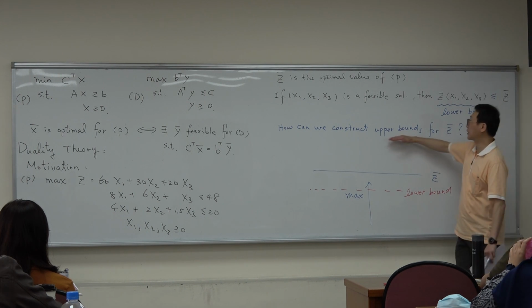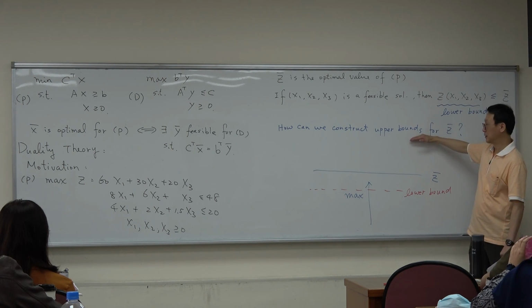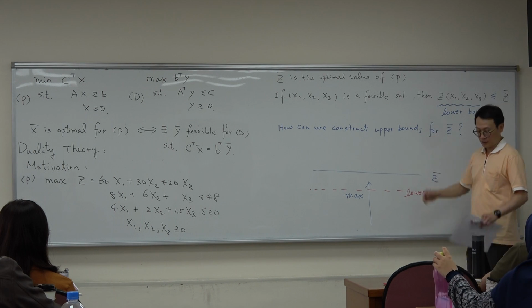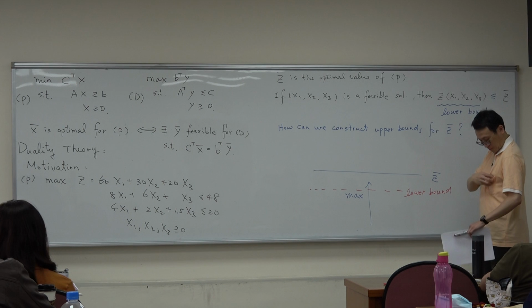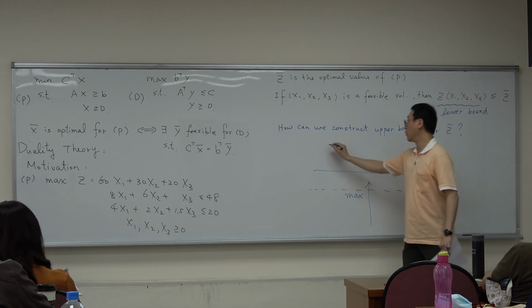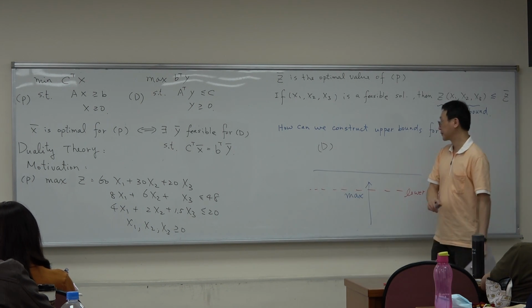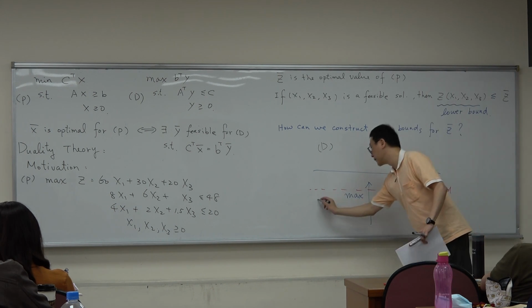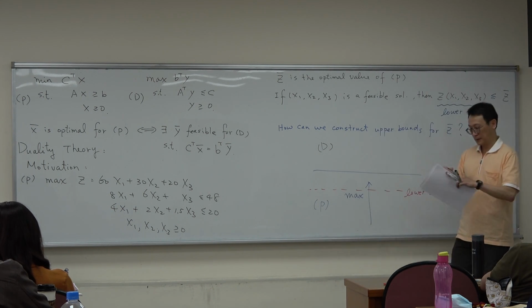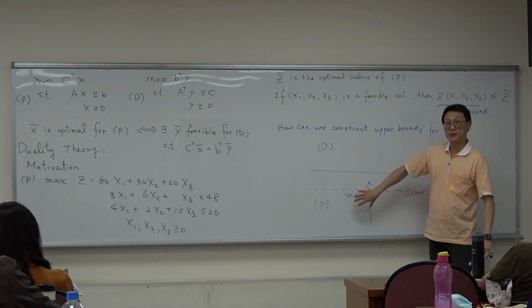Right now, how can we construct the upper bound? We transform them to the dual. The primal one is a maximization problem.